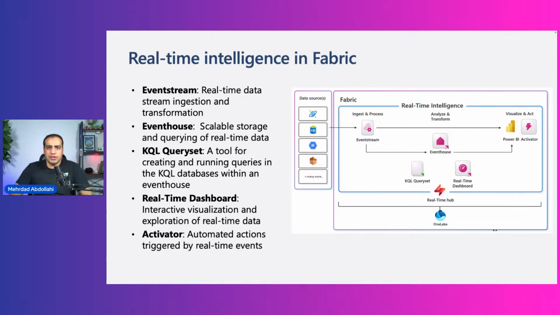Fabric is providing us with a set of components related to real-time analytics of our data that is streaming, and we don't want to wait for the long process of batch processing to gather the data from different places, having scheduled jobs refreshing your data, refreshing your Dataflow Gen2 and whatever.